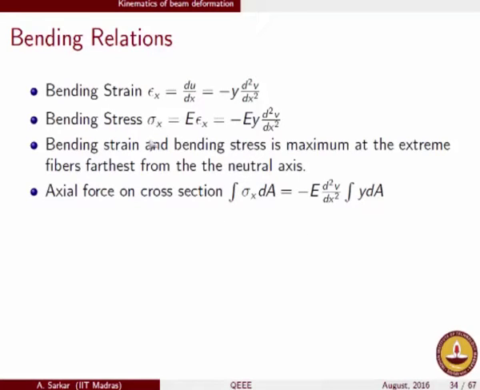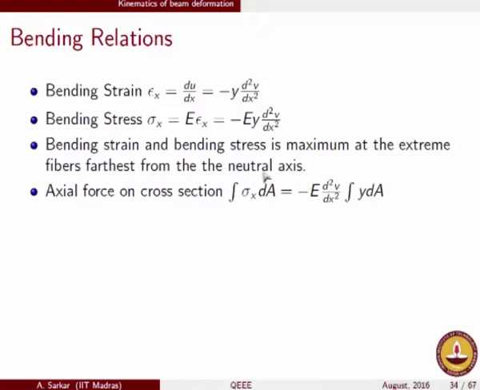Now if you integrate sigma x dA, E and d²v/dx² have got nothing to do with the area of cross section. They do not change with the cross sectional area. We are integrating the stress over the entire area. So the integral of this sigma, which in turn equals E y d²v/dx², where E and d²v/dx² are constant. v is constant over the entire cross section.